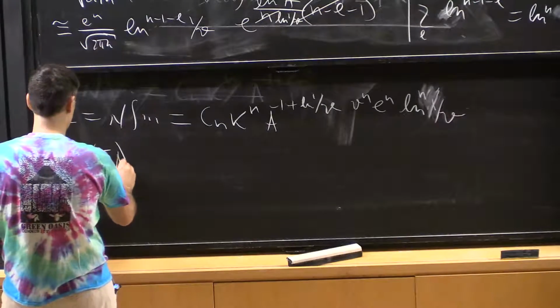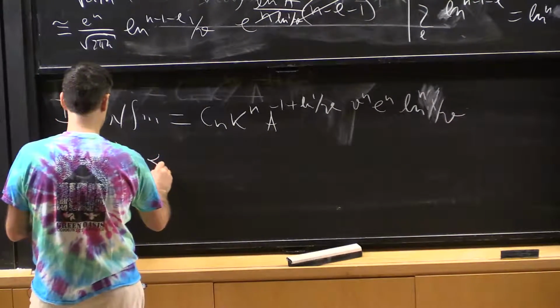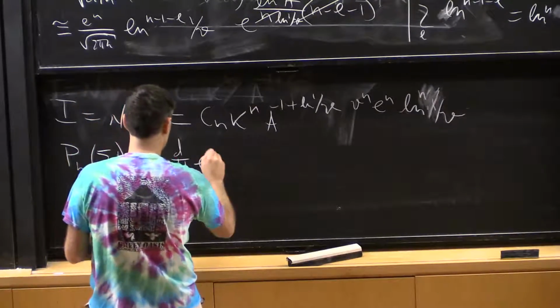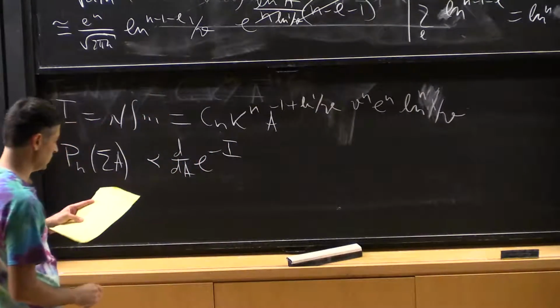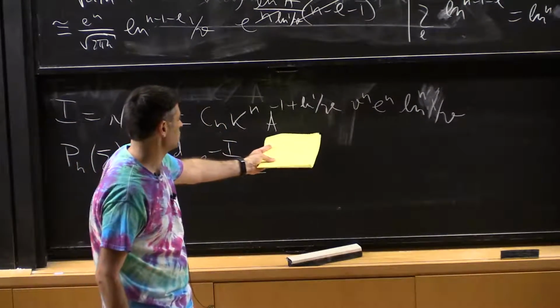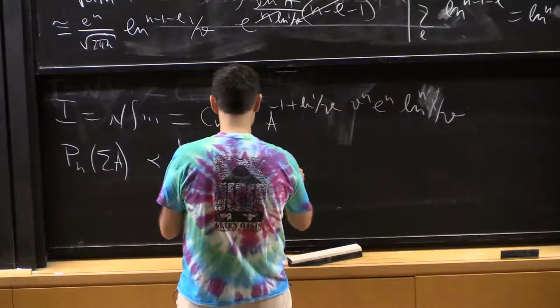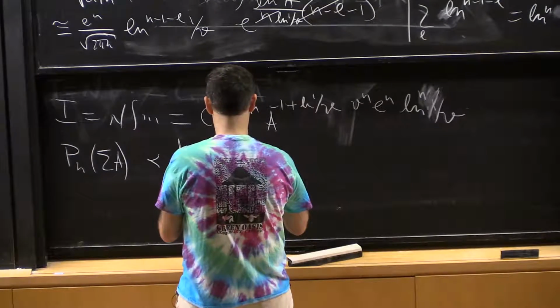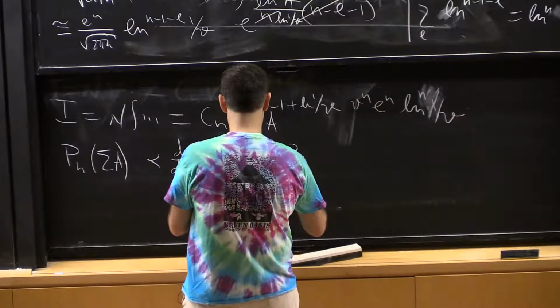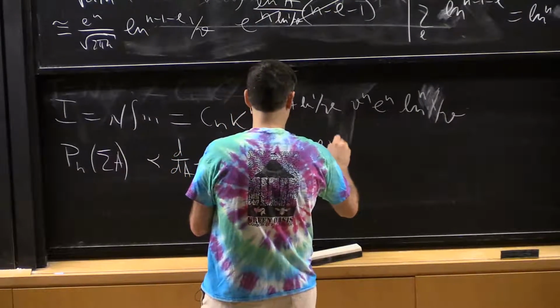So the probability on the sum of these paths, as we just said, is d by dA of e to the minus this integral. And you can see that the only A dependence is in this factor, so that's easy. So I will write it as e to the minus x, where x is 2 plus log 1 over v.